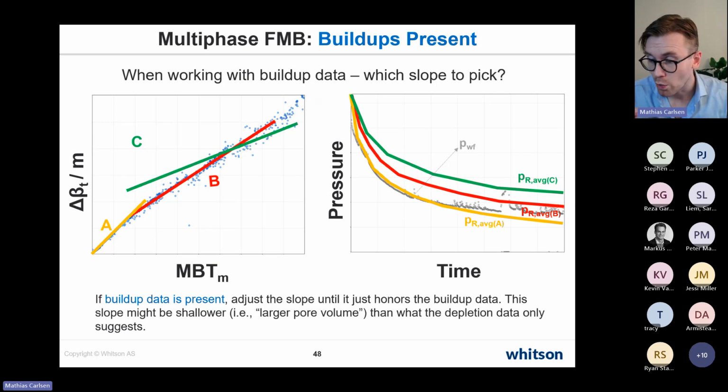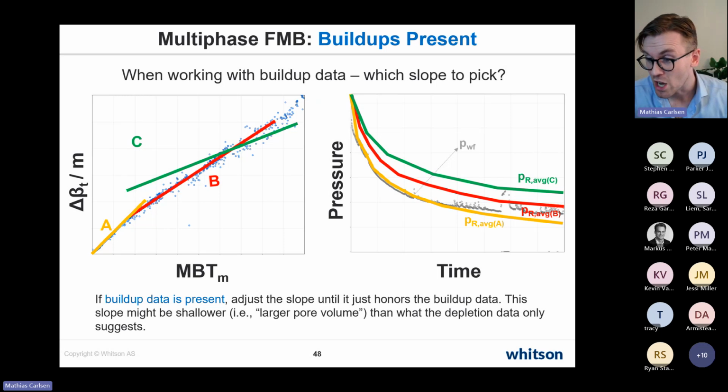The reason why we can justify picking a slope that doesn't match the data, yet most likely we'll do that later, is because our goal with the exercise is not to fit slopes on the data. Our goal with the flow material balance exercise is to come up with the contacted pore volume.